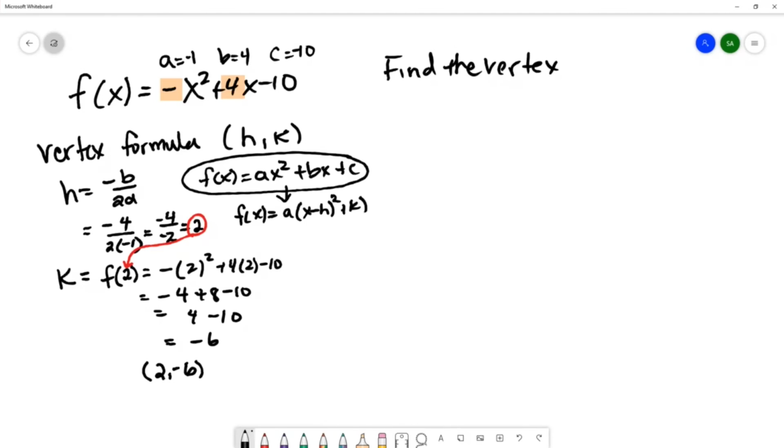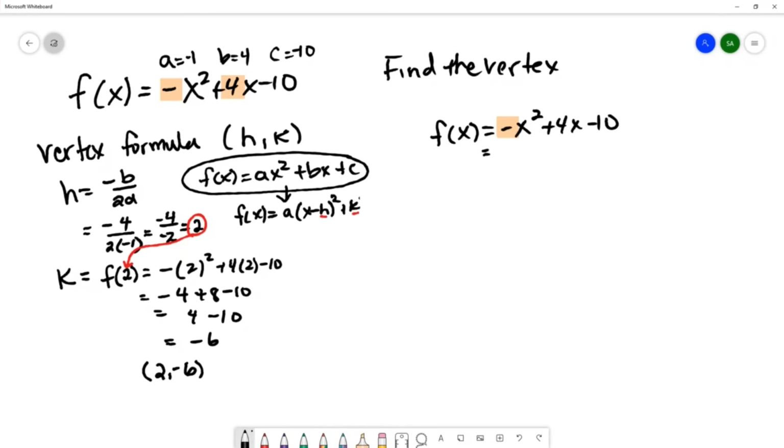If we write it in that format, then we'll be able to recognize that h and k from the equation. In order to do this, we're going to use a process called completing the square. So that's starting with our original function, -x squared plus 4x minus 10, and we're going to use completing the square.